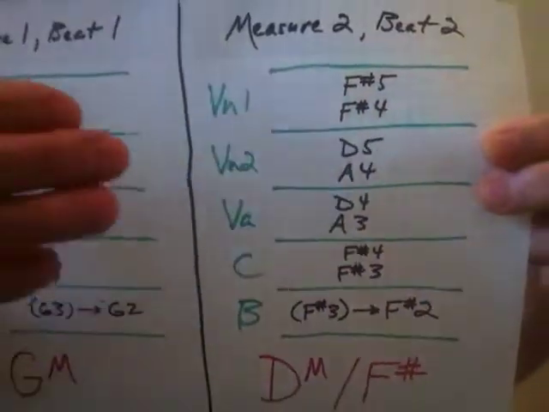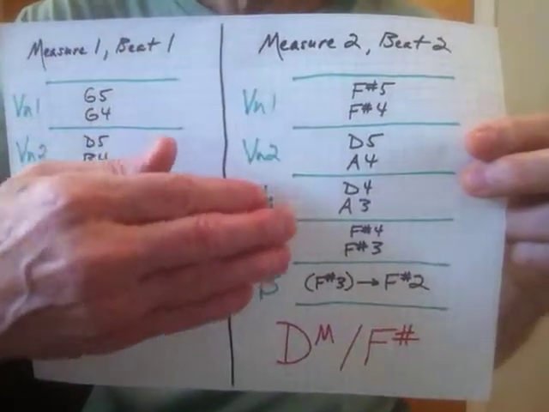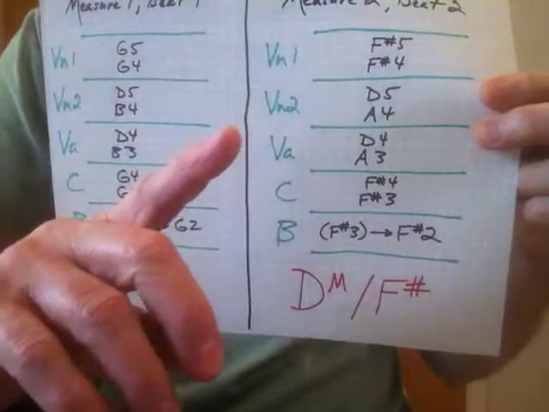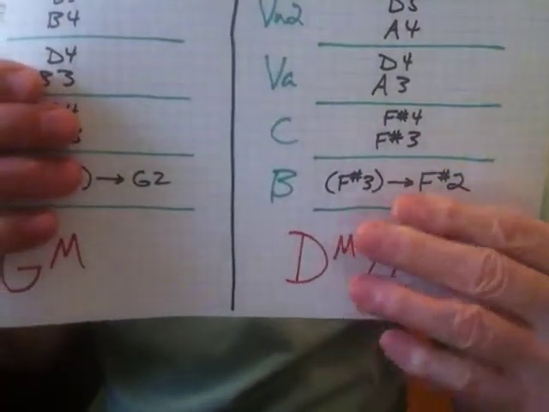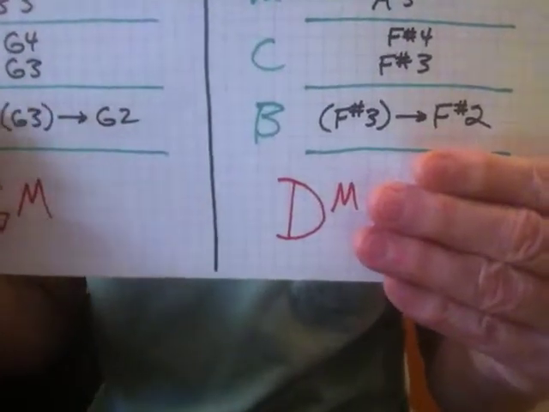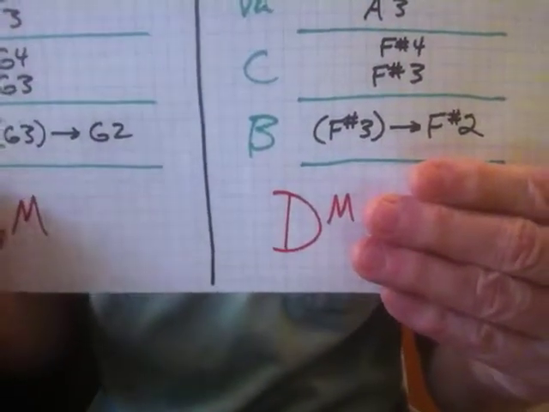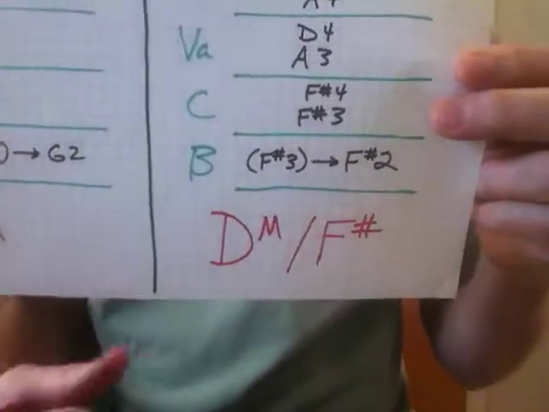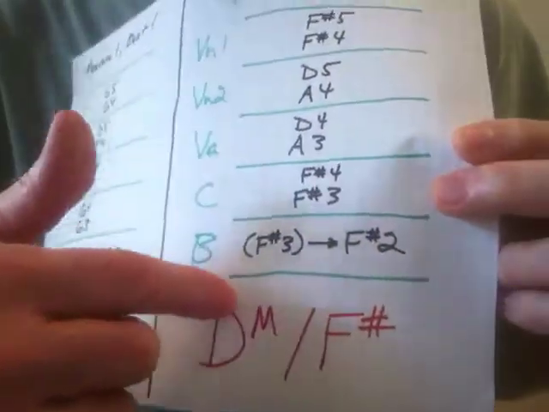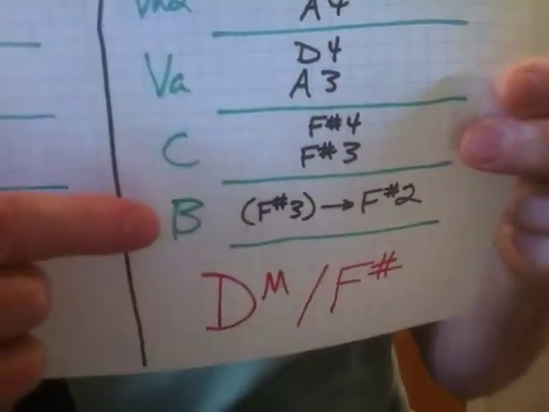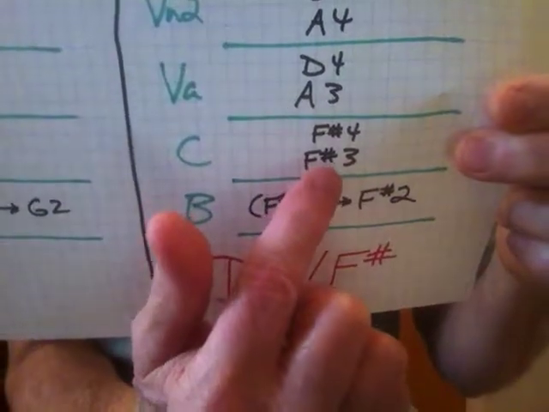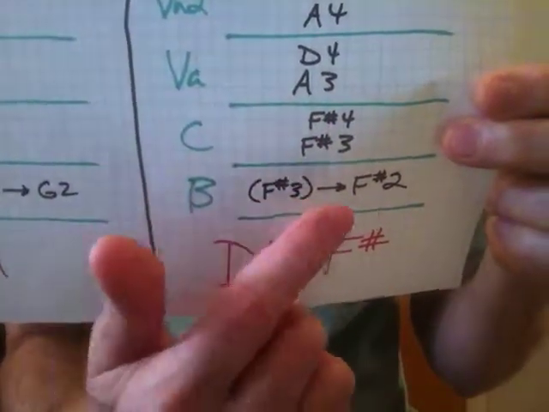But the point is, you put this on staff paper, you arrange them in thirds, you figure out how they can be superposed in thirds, and you find out that you have a D major bass chord. It's a very simple, common D major bass chord. But you notice here, down on the lower registers, your cello and your bass, they're playing an F sharp note, whether it be a 3 or a 4 or a 2.